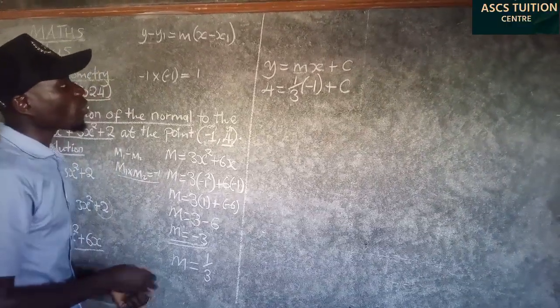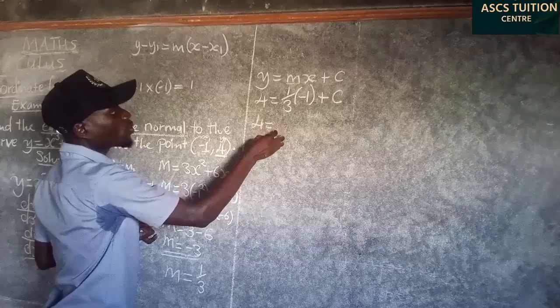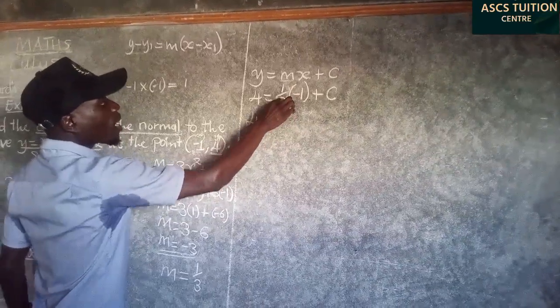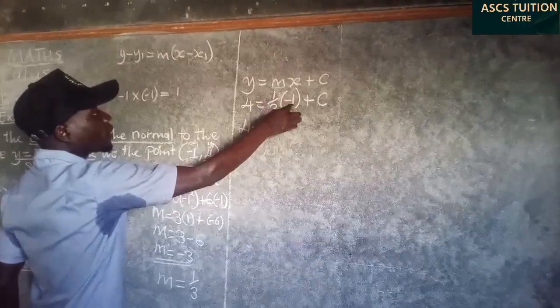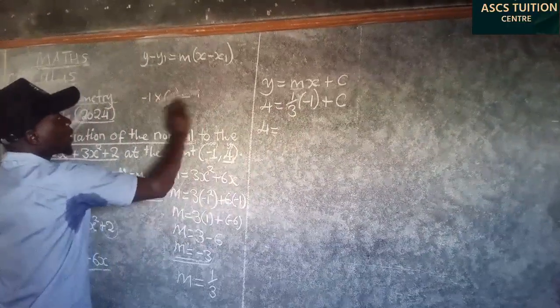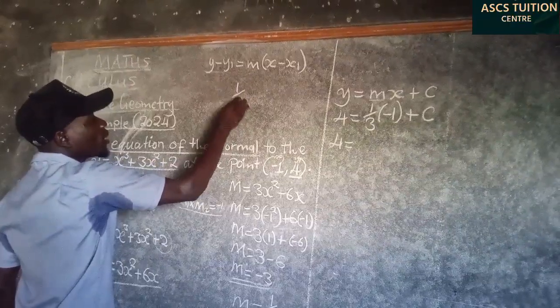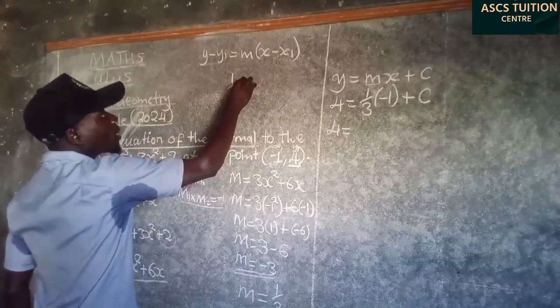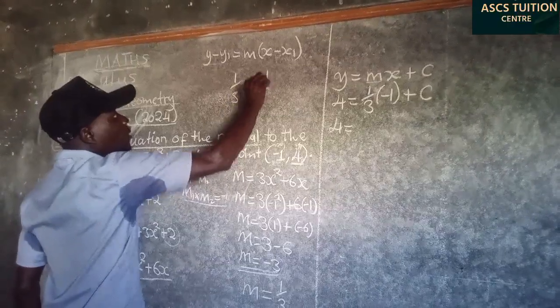So in this case, what we are going to do again, we will say 4 is equals to, now you have to work out 1 over 3 and the -1 which is in the bracket. So you say 1 over 3 is the same as 1 over 3 times -1.